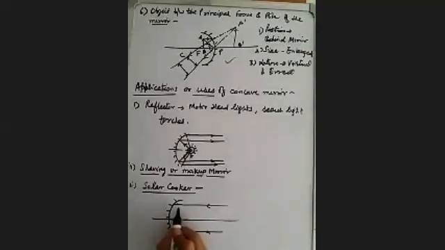When these are incident on the surface of the mirror, after reflection, all the rays are reflected such that they pass through the principal focus. So all the energy of all the rays is concentrated at one point.